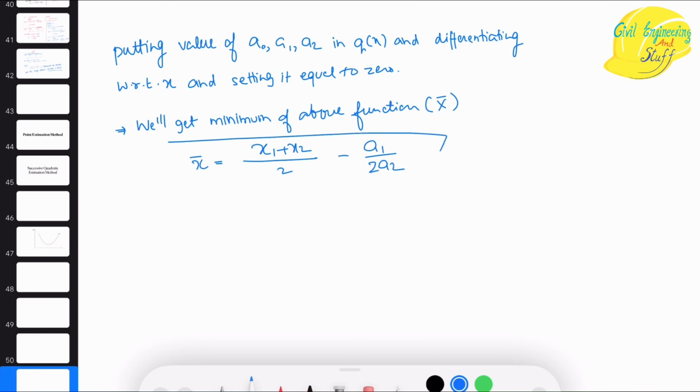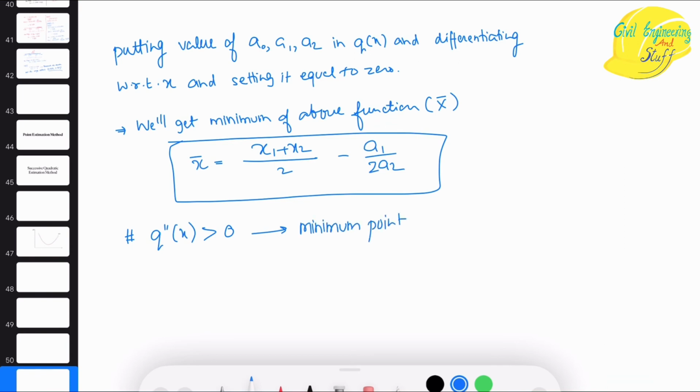If we double differentiate this function and q double prime is greater than 0, then we find the minima of the point, with the condition that a2 should be greater than 0.